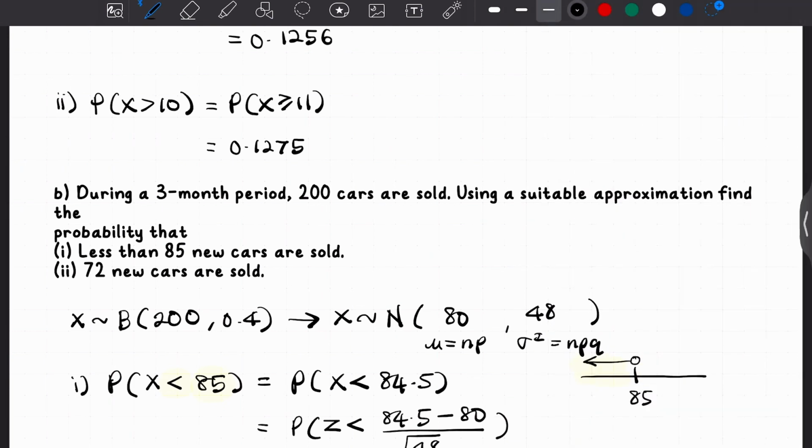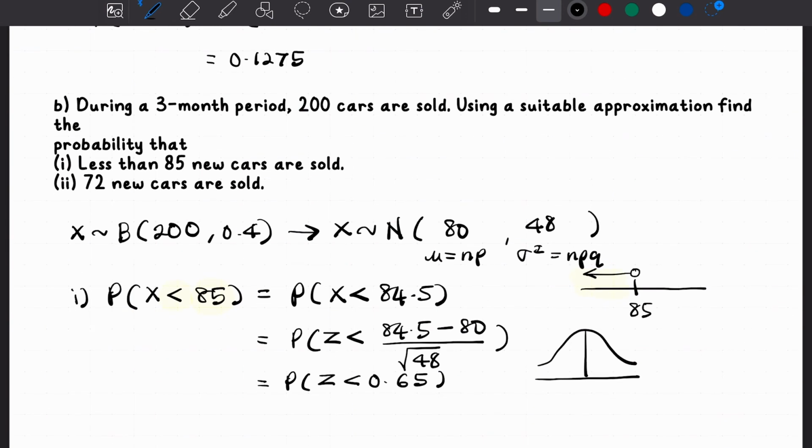Let's find the value of Z. Just before that, let us draw a bell shape. So this is 0.65, and this is the area of the probability Z less than 0.65.